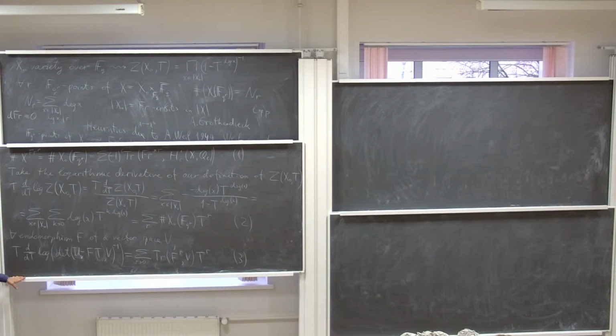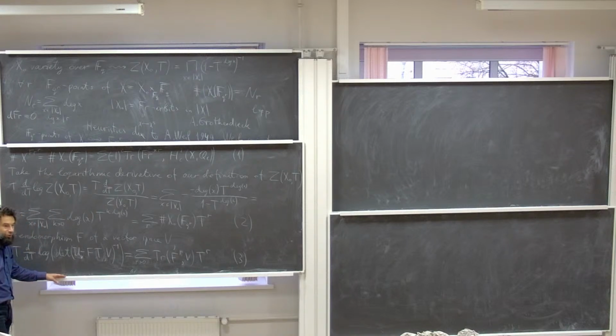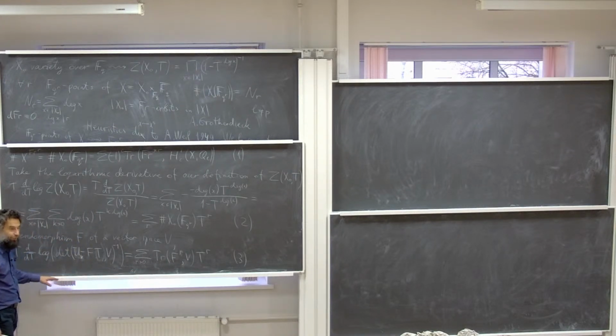And over the complex numbers, the diagonalizable operators are dense, and those functions are continuous. So if they coincide on the dense set of diagonalizable operators, they coincide everywhere. So we proved it over complex numbers.